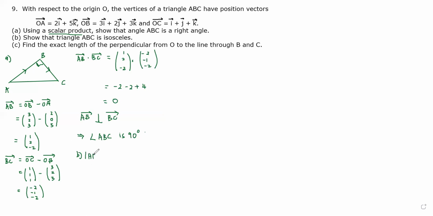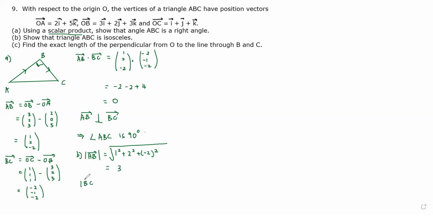Then we find the magnitude of vector AB. The magnitude of vector AB is the square root of the sum of squares of all the components. So you have the square of 1, the square of 2, and the square of negative 2. Then that would be 1, 4, 4. So that will give us 3 units for the magnitude of vector AB.